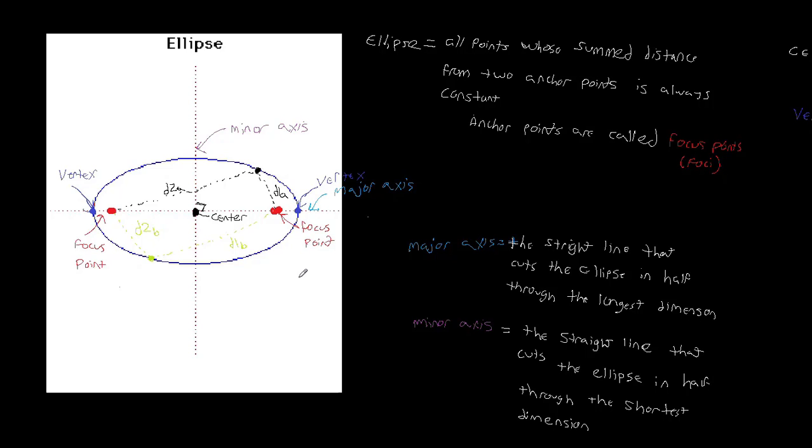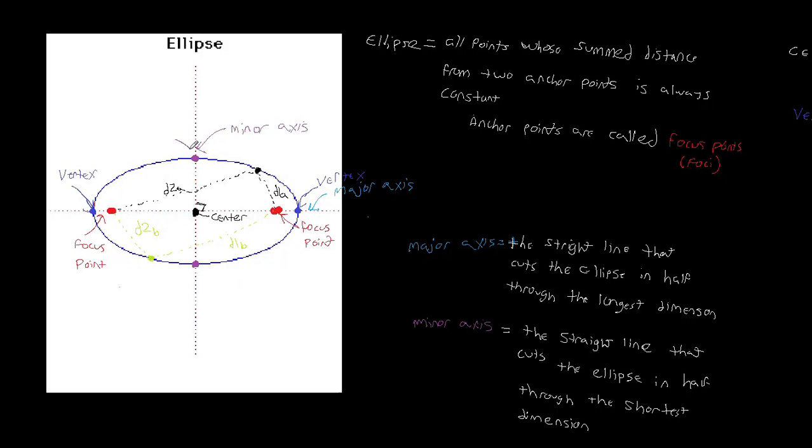Now you might be saying to yourself, well, what about the minor axis? The minor axis also intersects the ellipse. And you're right, it does. The thing is that they get a slightly different name. The minor axis intersection points, this point and this point, get a slightly different name.